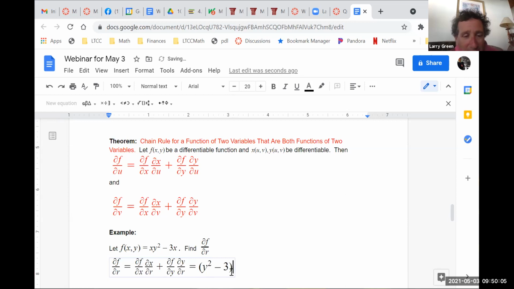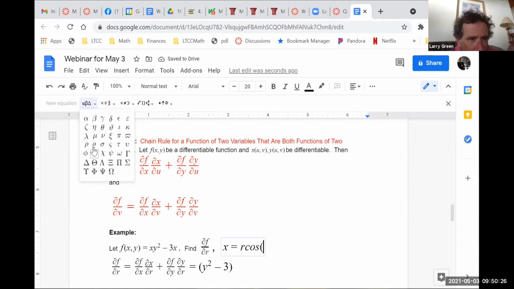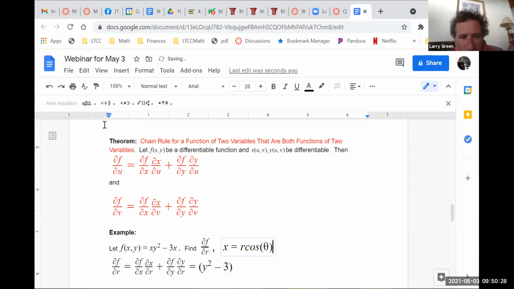Okay, and again, please stop me if there's anything you don't understand. What might help is to remind yourself of the equations for x and y in terms of r and theta. x equals r cosine of theta, and y equals r sine of theta.